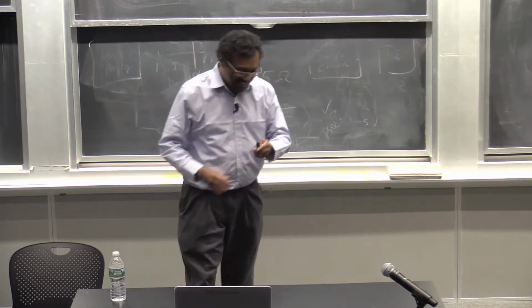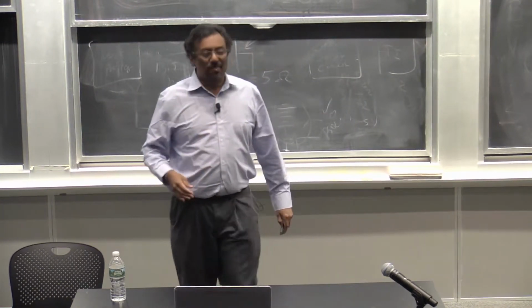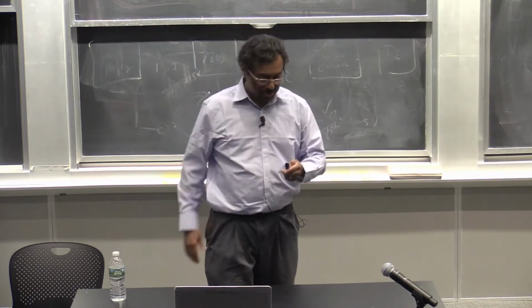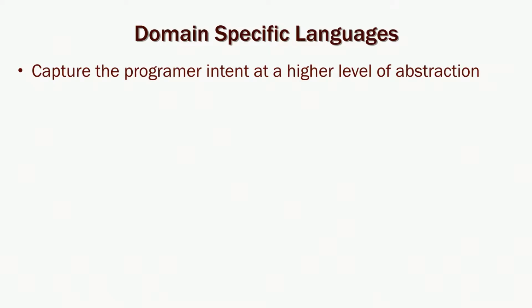So let's get into the talk today. I'm going to talk to you about domain-specific languages and a little bit about auto-tuning, and how it leads to auto-tuning. So why domain-specific languages? We are all used to general purpose languages that we use all day. Those languages are set up to capture a very large swath of what people might want to do in programming.